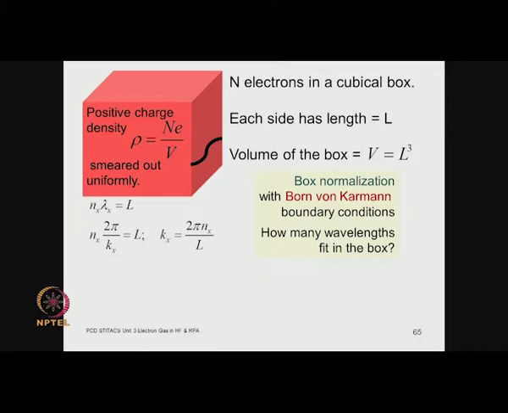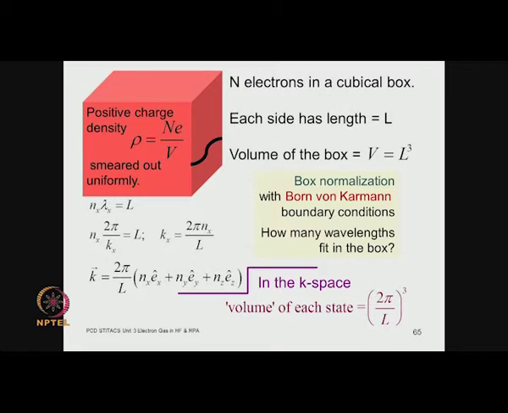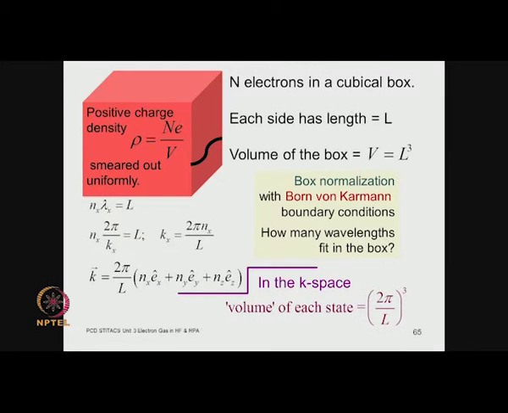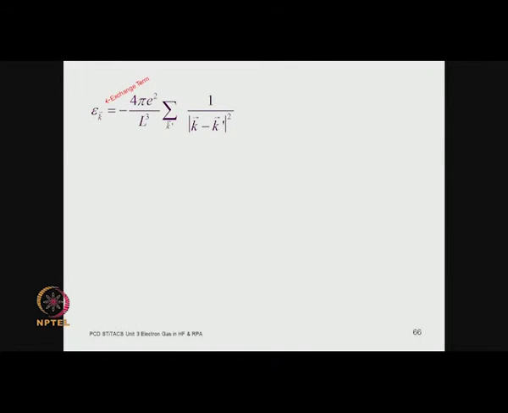So, this is the discretization of the continuum in a certain sense, and that gives us a condition on the wave vector, and essentially what you find is that you can talk about an average volume for each state, because you get from one state to the next by changing the integer quantum numbers, and the average volume for each state will be the cube of 2 pi over L, as you can see quite clearly from this. So this is the term that we want to work with. We have found that the volume of each state is the cube of 2 pi over L.